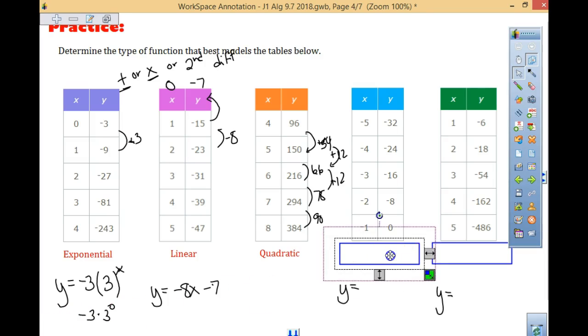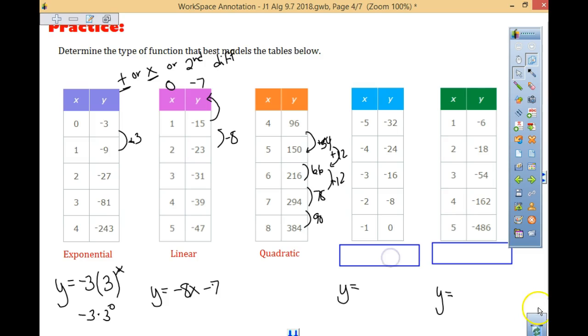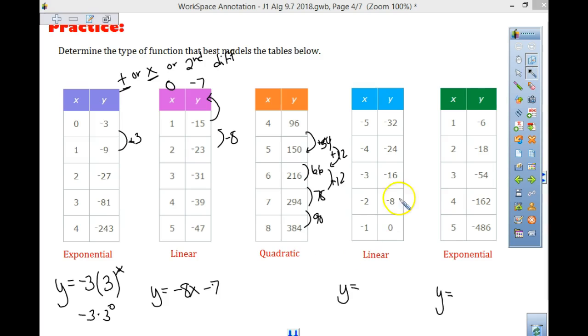Angle is what? Linear. Everyone agree it's linear? Linear, adding what? Adding 8, right? How about the last one? Exponential. Okay? So, if we are looking at linear, we said we are adding 8.